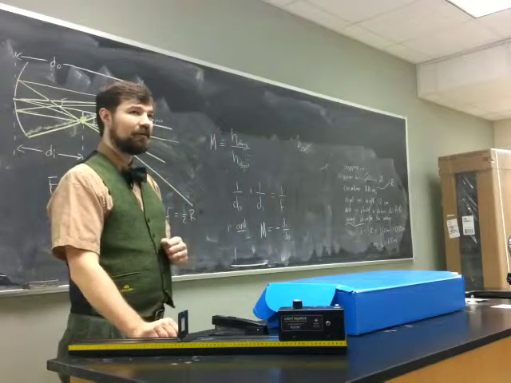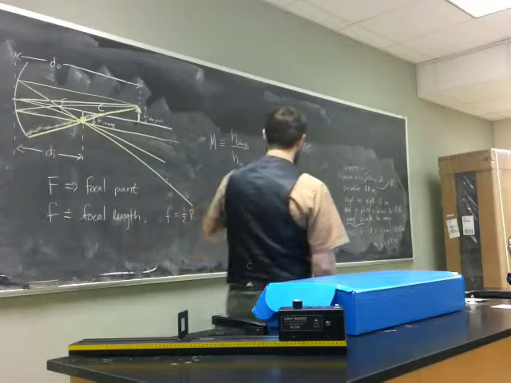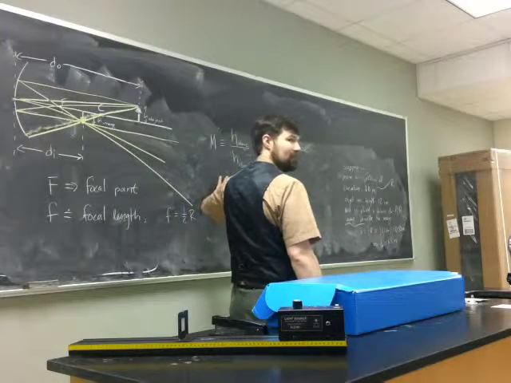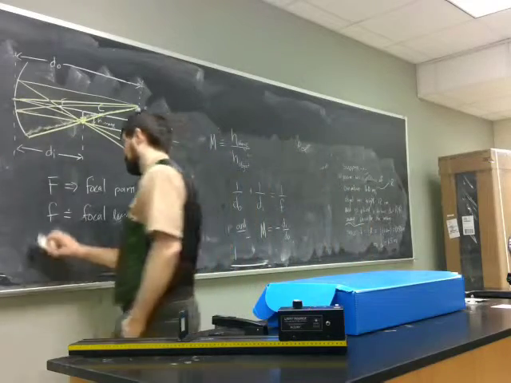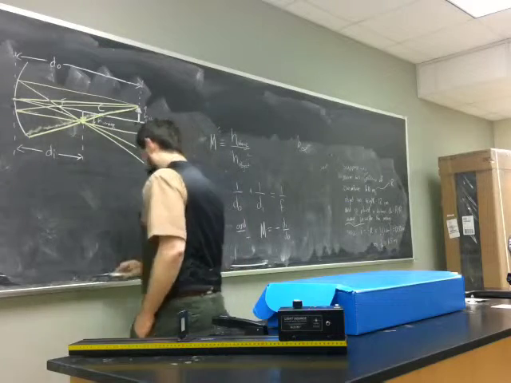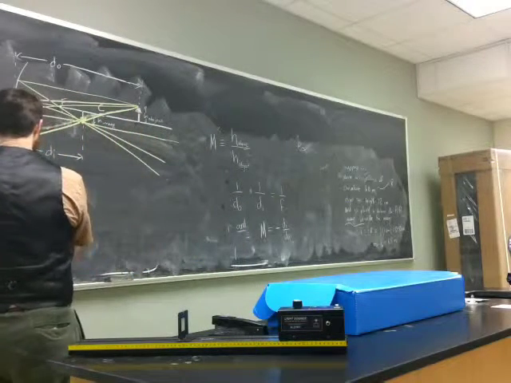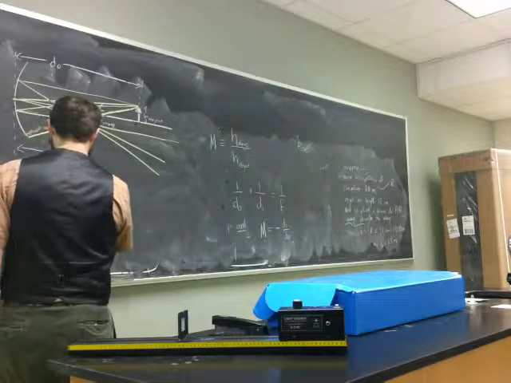Now we need to figure out where dI is going to be. Let's use this equation. I'm going to leave my diagram though because I want it for later. So this equation says 1 over dO plus 1 over dI is 1 over f.